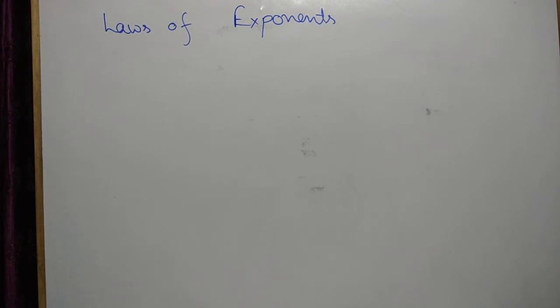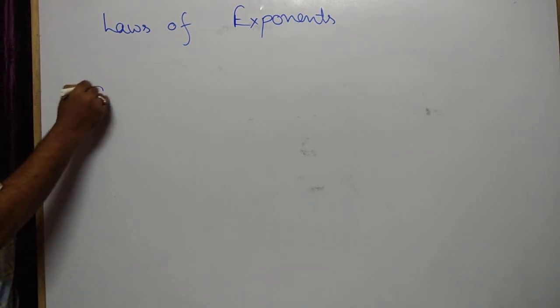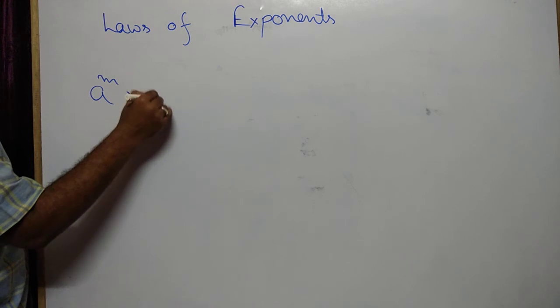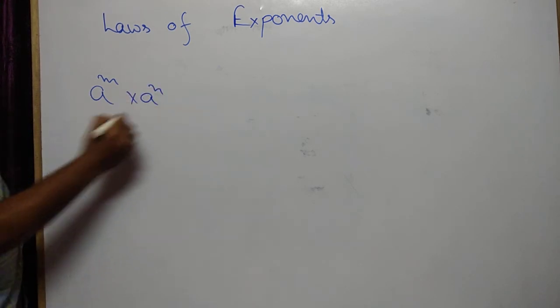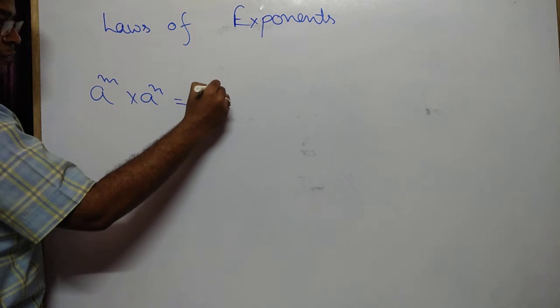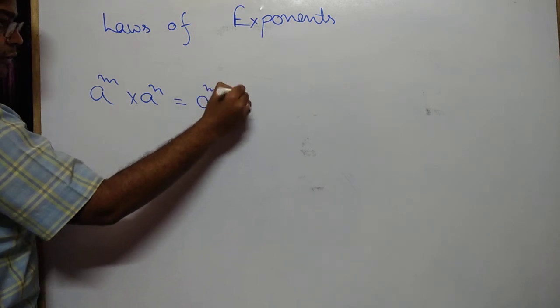Now I am going to explain some laws of exponent so that you can easily solve the questions given in your exercise. First law: if the same base with different powers is multiplied, remember the powers must be added. Clear?